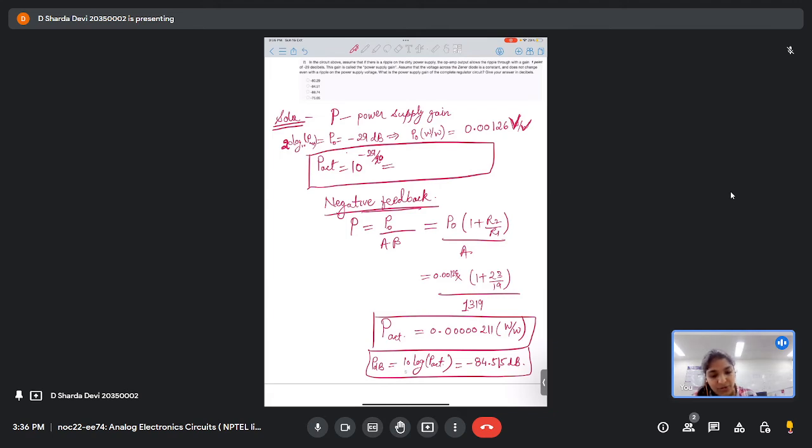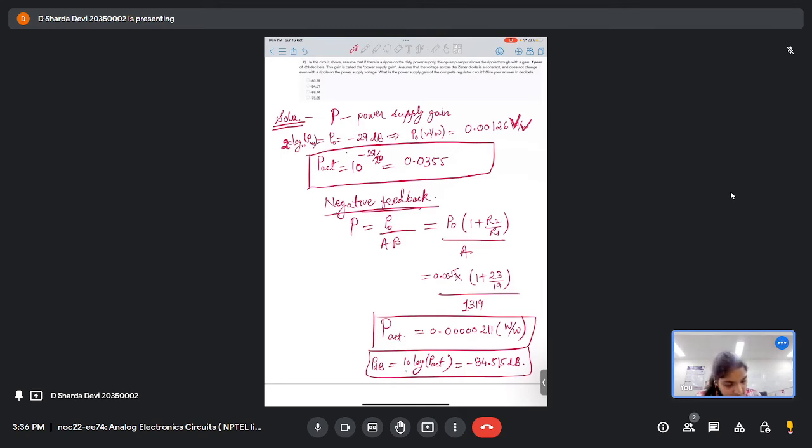So we'll only use 20 log 10, which makes the actual gain to be 0.0355. Okay, this becomes 0.0355. So yeah, this is 0.0355. Here also it will be 0.0355. Yes.